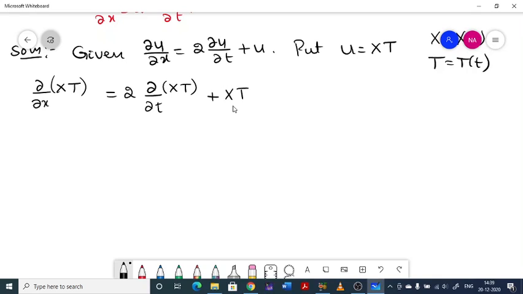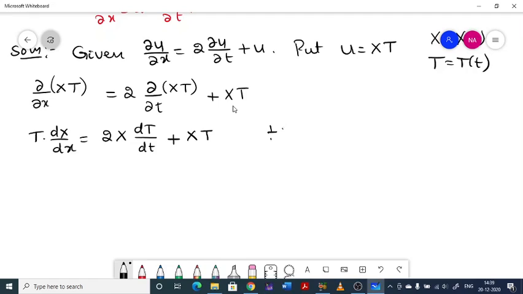So if you differentiate, capital T into d capital X by d small x equal to 2 into d capital X times d capital T by d small t plus XT.